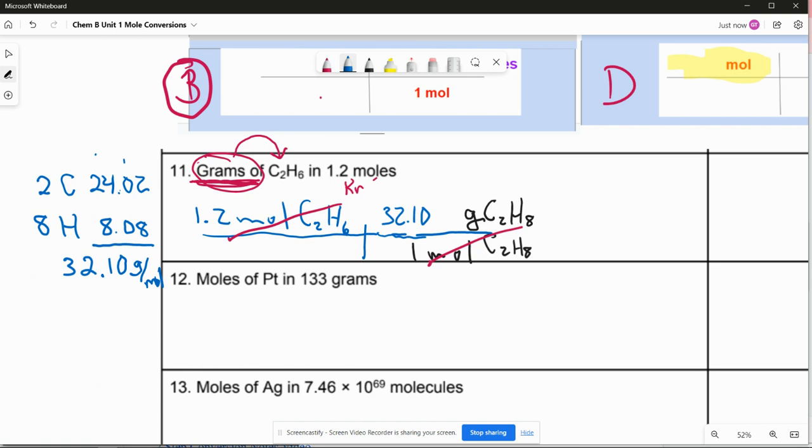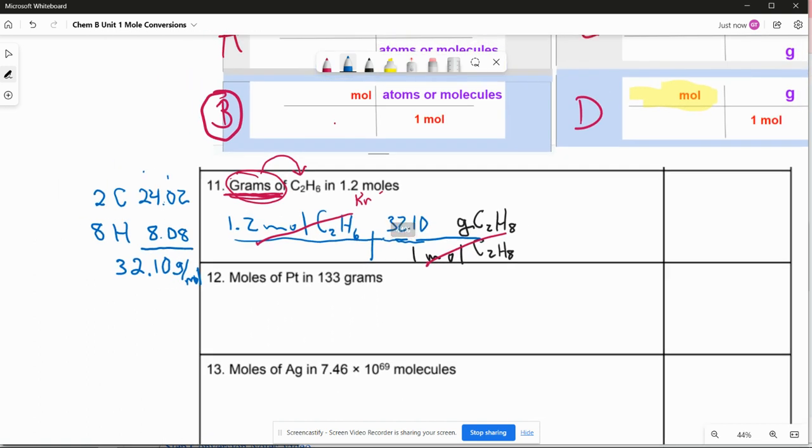1.2 times 32.10. I already messed up. I put a divide there, so I've got to go back and change that to times. Okay, and divide it by 1, and I get 38.52.